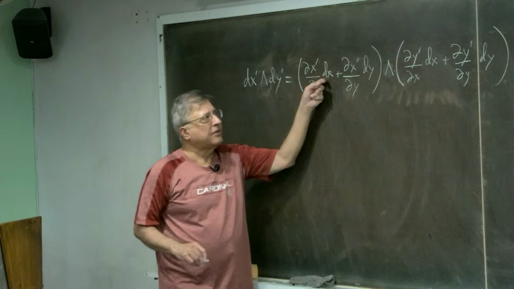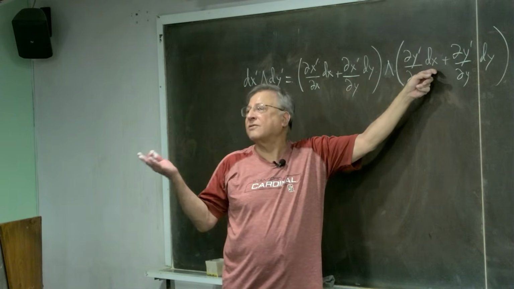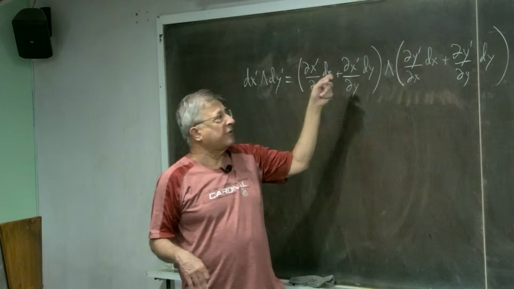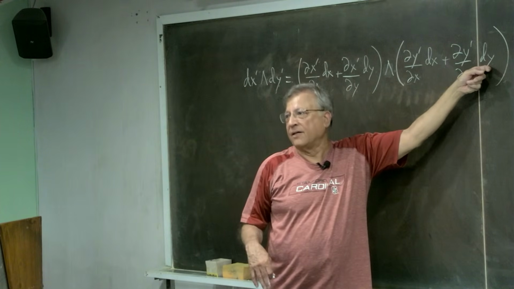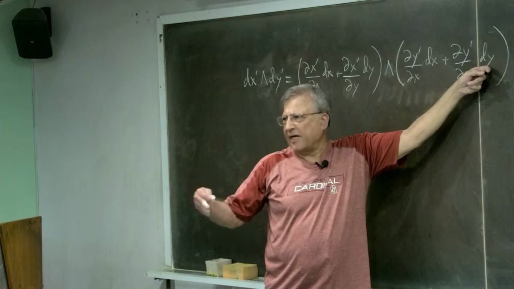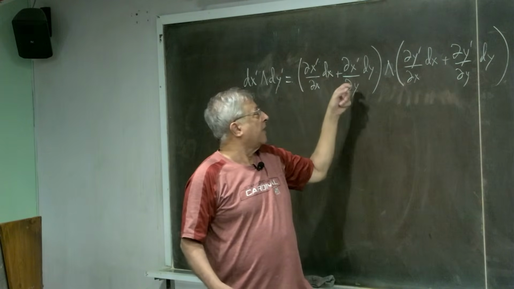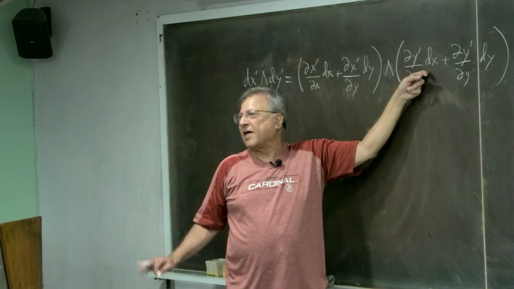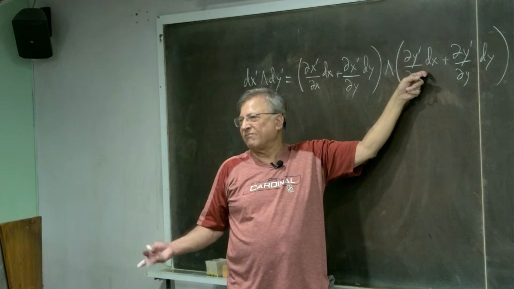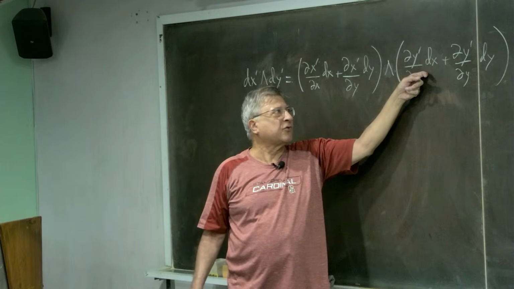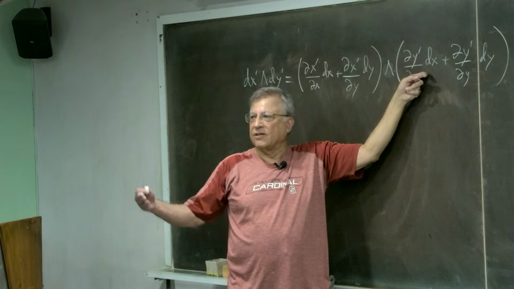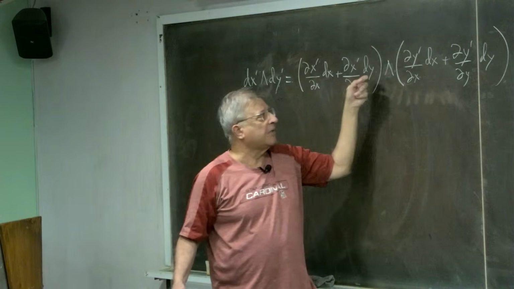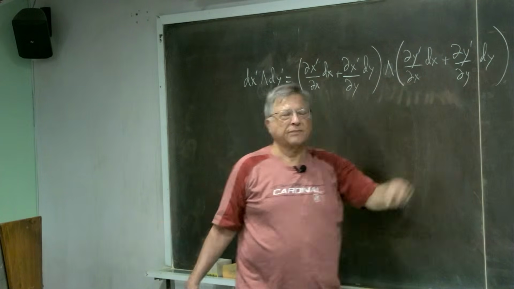Now dx wedge dx is 0. dx wedge dy is dx wedge dy. This into this is almost the same, except that x and y have been flipped around. So this will give you minus dx wedge dy, and this into this will give you 0.